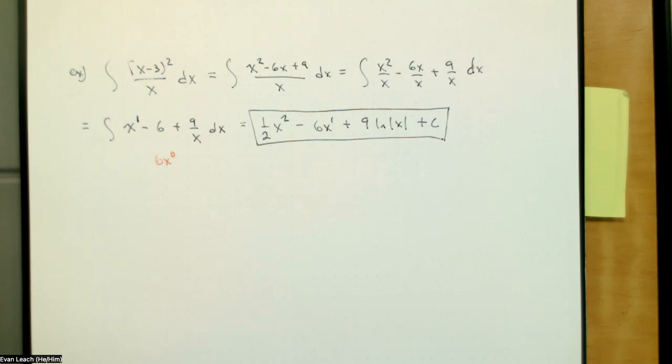So we've got our basic tool. We add 1 to the exponent and divide by the new exponent whenever we can, as long as it's not too inconvenient. If this was (x minus 3) to the 10th power, we'd want to find something else to do.